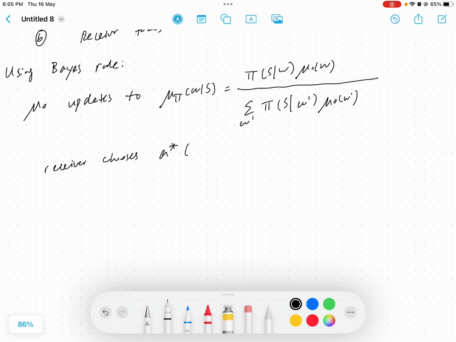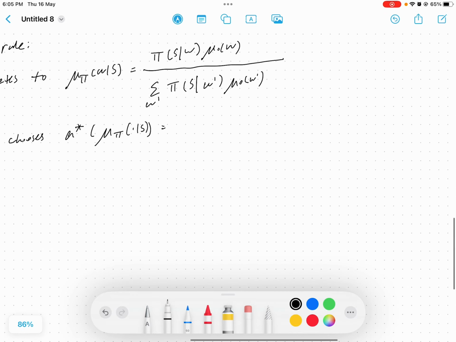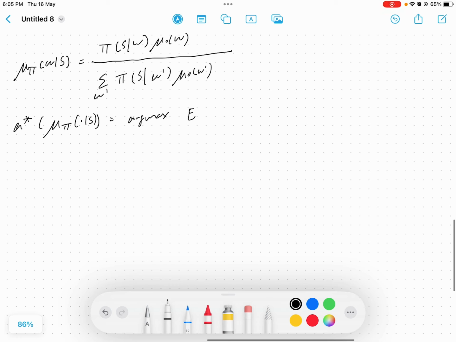So this A star is a function of the mu, given some signal realization, which is the argmax of the expected utility of the receiver, right? So this omega is realized according to the mu, and this is the expected utility of the receiver.